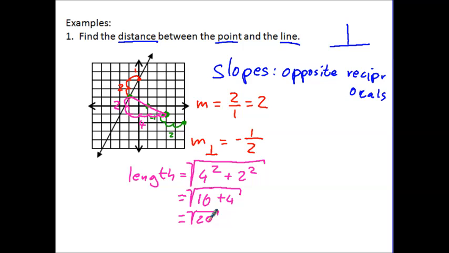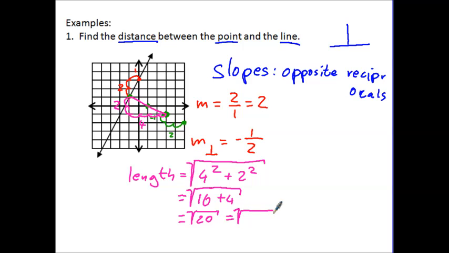Now 20 is a number that we can simplify, so we can simplify our square root. Notice that in the question it didn't give you any specifications and didn't ask you to show the answer in a specific way. So we're going to do both here.